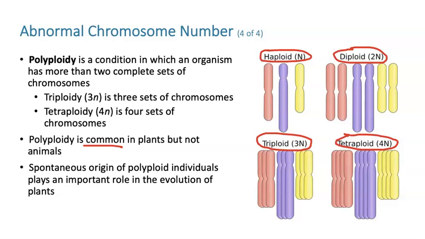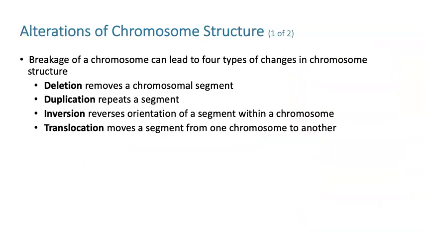It's not uncommon, and if it happens, you get a new species of plants, because we consider plant species to be based on how many chromosomes they have. So spontaneous origin of polyploid individuals plays an important role in the evolution of plants in particular, again, not so much with humans and mammals and things along those lines.